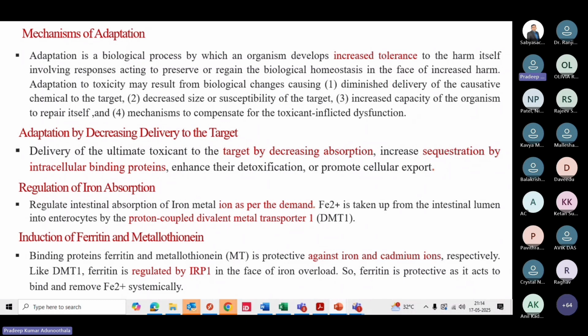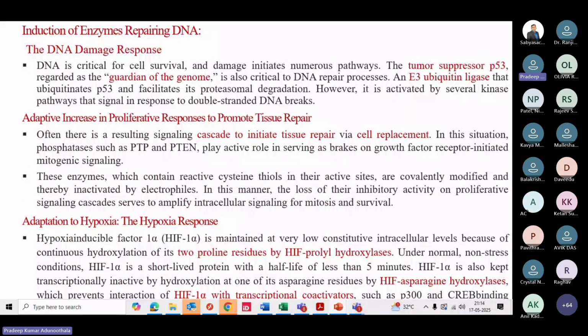Like DMT1, ferritin is also regulated by IRP1 in the phase of iron overload. So ferritin is protective as it acts to bind and remove iron ions systemically. The ferritin comes and binds to the iron ions, and removes the iron ions systemically based on the requirement of the iron.